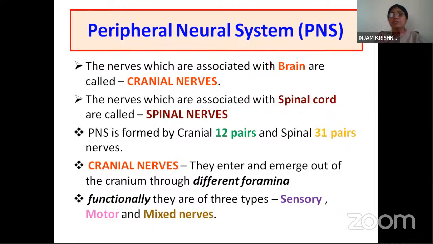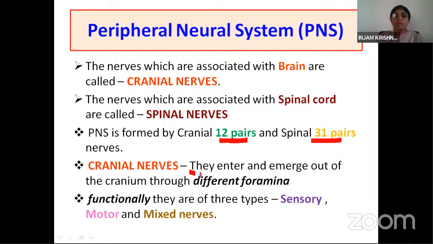The nerves associated with the brain are called cranial nerves. The nerves associated with the spinal cord are called spinal nerves. There is no deviation. The PNS is formed by 12 pairs of cranial nerves and 31 pairs of spinal nerves. Altogether how many? 43 pairs.